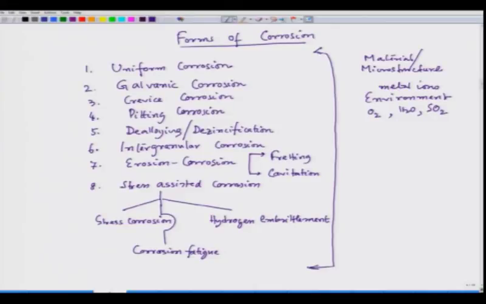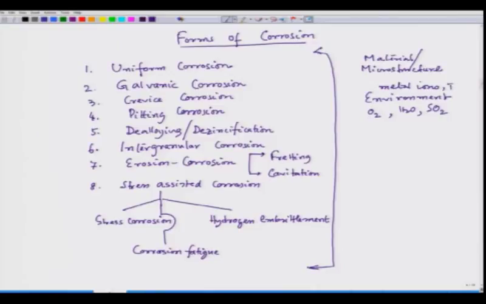For example, Fe3+ ion, if it is there, is not good, because Fe3+ allows greater corrosion to happen. For example, we have given the example of zinc dipped in dilute HCl. If we have a little bit of impurity FeCl3, that means Fe3+ ion is there, so the corrosion rate of zinc would be much higher than in the solution where FeCl3 is not there. Then of course other factors like temperature will come into the picture.